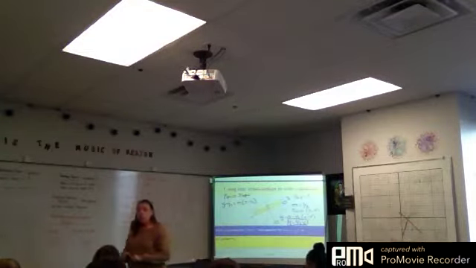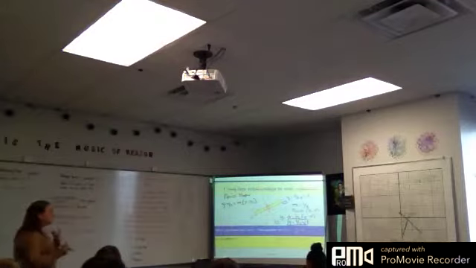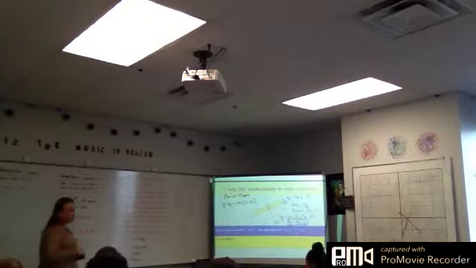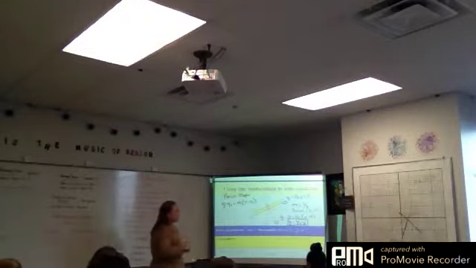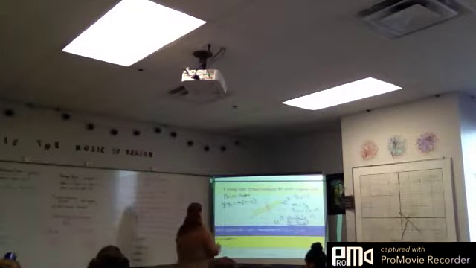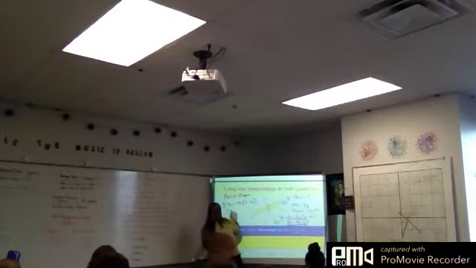Now, if I want to find an equation for line C, what do you notice about line C compared to line A? It's perpendicular, so what does that mean its slope is? What is the opposite reciprocal? Not just 2, it's the opposite reciprocal, -2. So my slope for my green one is -2.